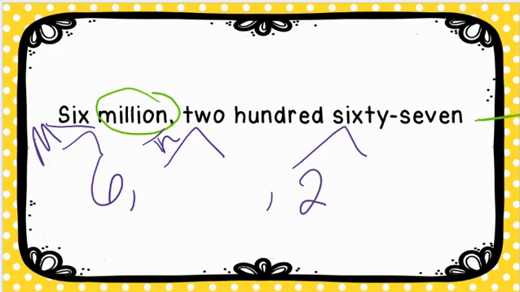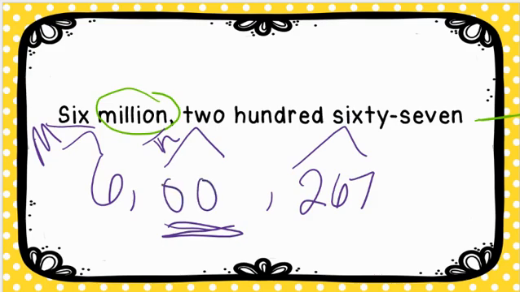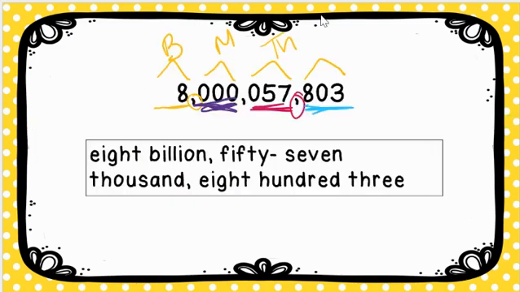And we know that goes in this period here. So what about this period? What are we doing here? If you said there needs to be 3 zeros there, give yourself a cha-cha-cha.